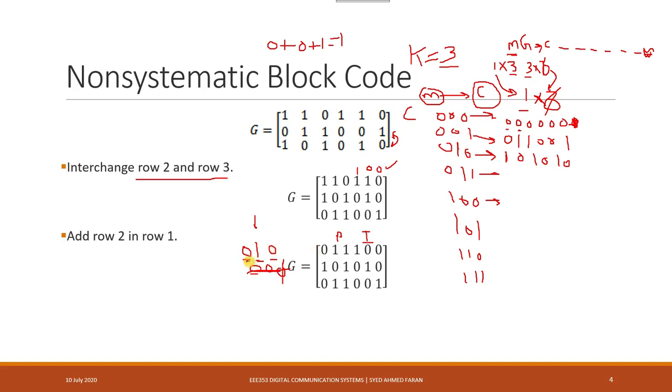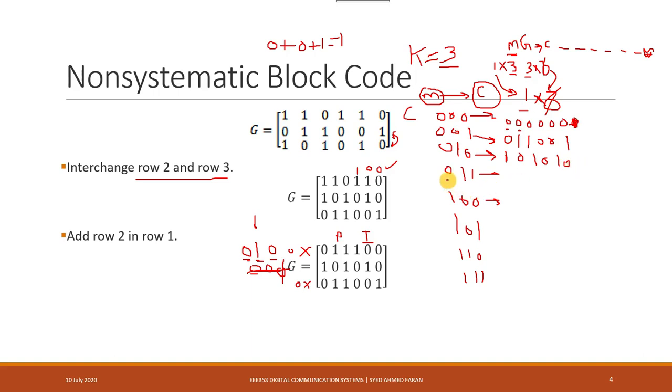So the first column is 0, I'll multiply the first row with 0. The third column is 0, so I'll multiply the third row with 0, and only the second row is important for me right now. Since this is the only single row available with me, the answer is 1 0 1 0 1 0, and this is the shortcut that I can use.